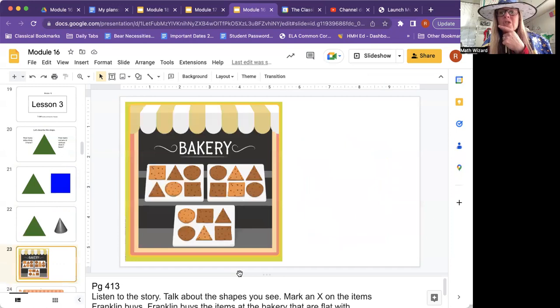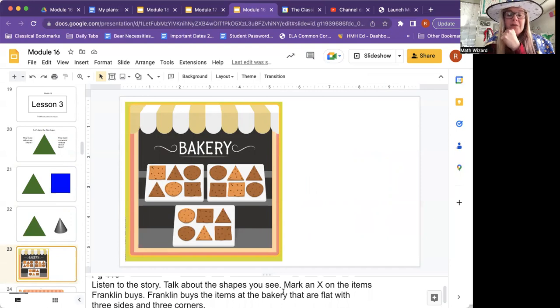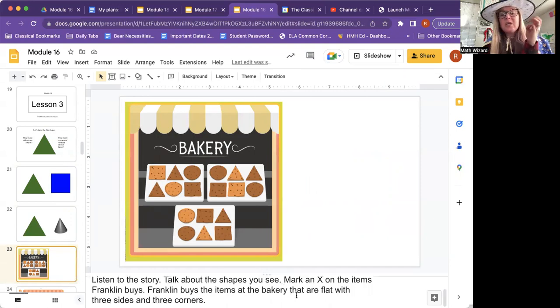You're on page 413 in your book. Listen to the story. Talk about the shapes you see. Mark an X on the items Franklin buys. So Franklin goes to the bakery. He buys items that are flat with 3 sides and 3 corners. So here we have some flat cookies, all right? And let's see, this one right here.